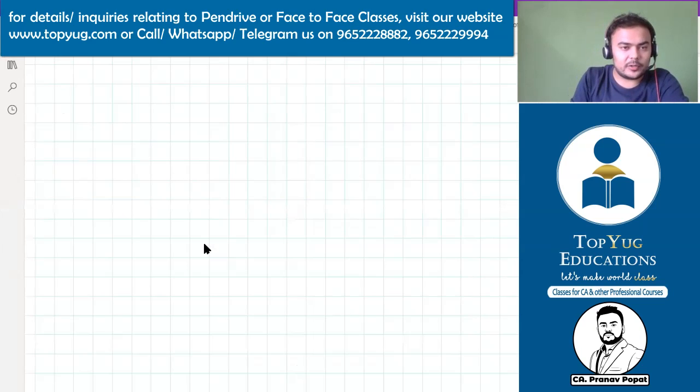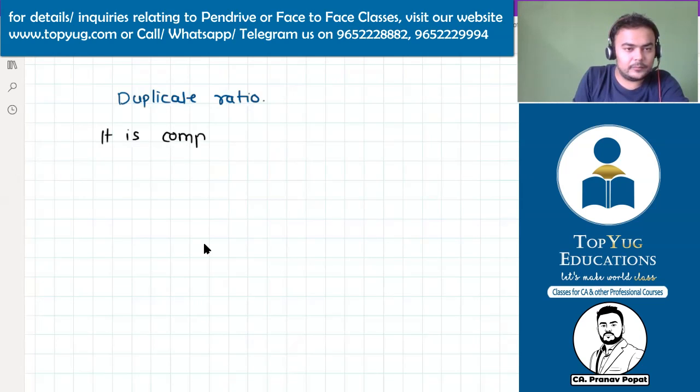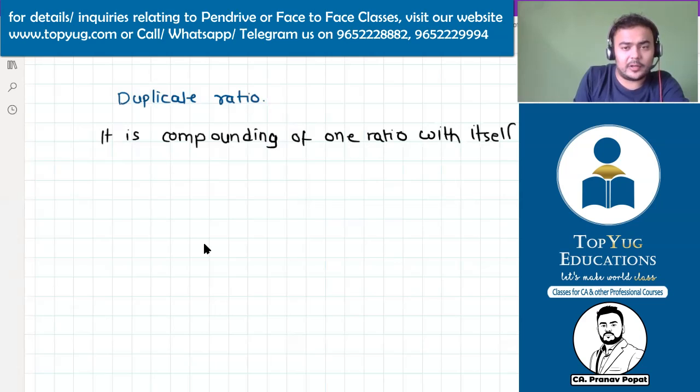Now, one more term is duplicate ratio. It is compounding of one ratio with itself.